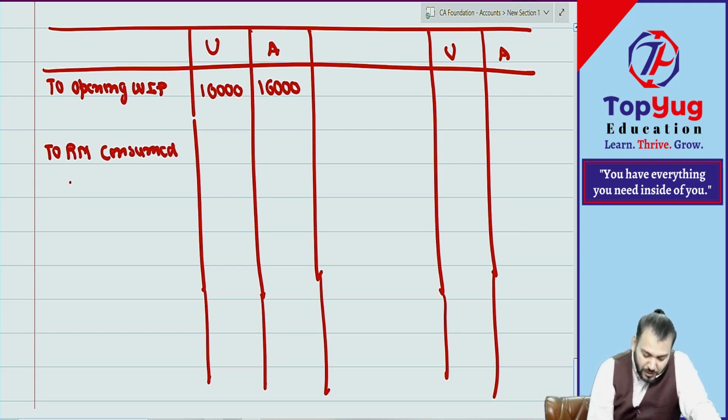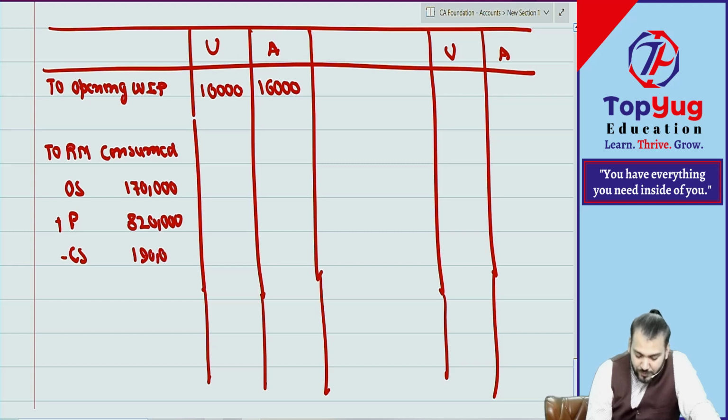The opening stock, how much? I'm writing in a column 1,70,000. Then purchase, how much? 8,20,000. Then closing stock, how much? 1,90,000.